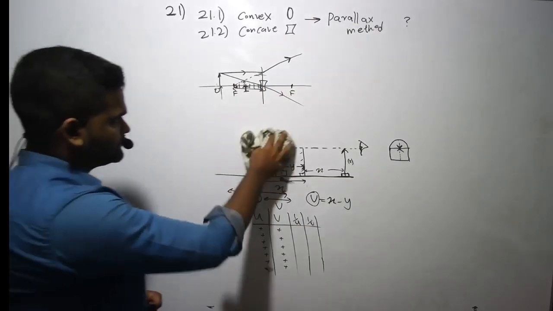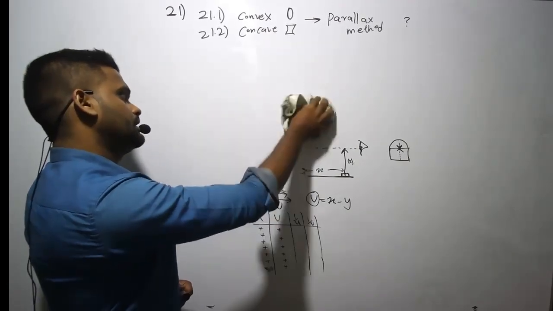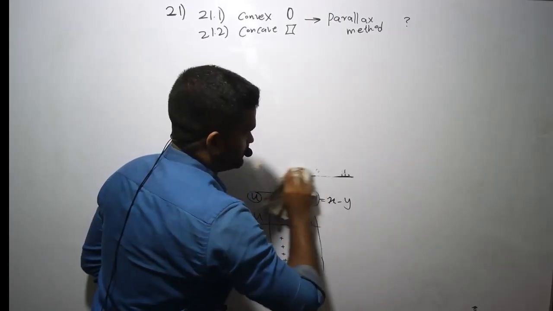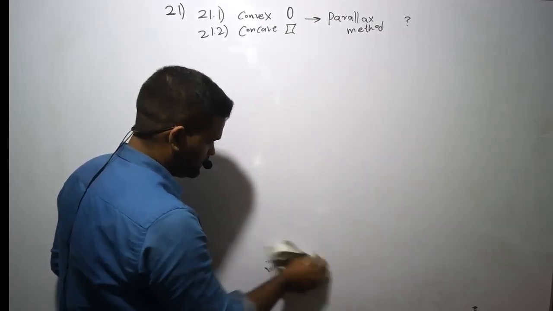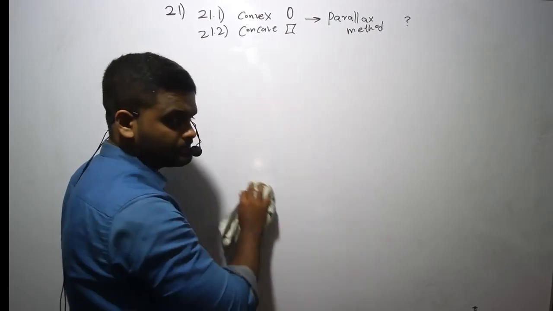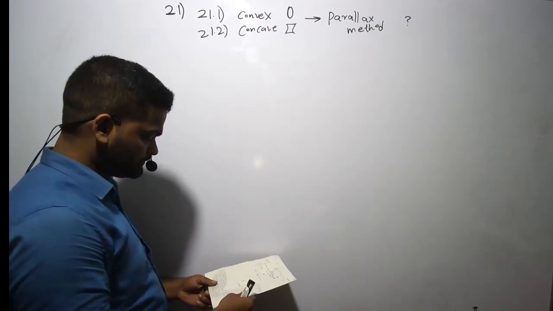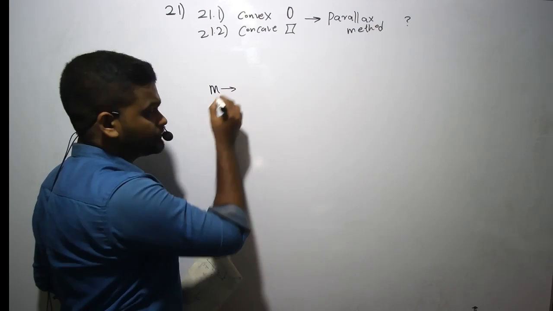So to get a more accurate value for the intercept, follow the method below. Okay, so this is the method.